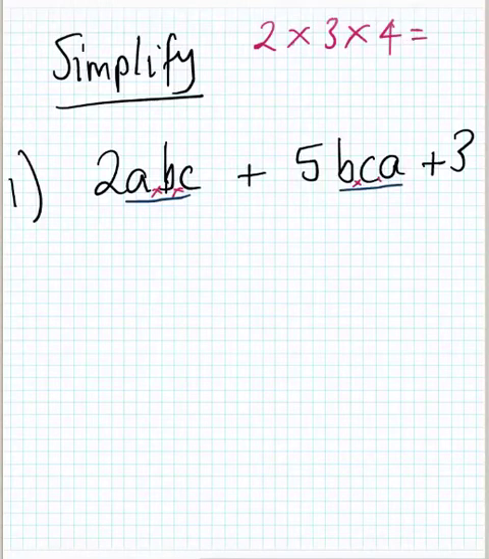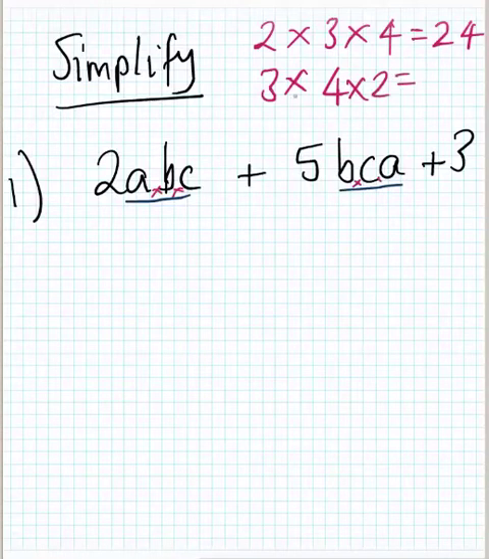Well, 2 times 3 is 6 and 6 times 4 is 24. And if I rearrange these, say I put my B first, so I put 3 first, times C, which is 4, and then times 2, I've rearranged my order, but 3 times 4 is 12, and 12 times 2 is 24. We still get the same answer. And that is why order doesn't matter when we are multiplying.